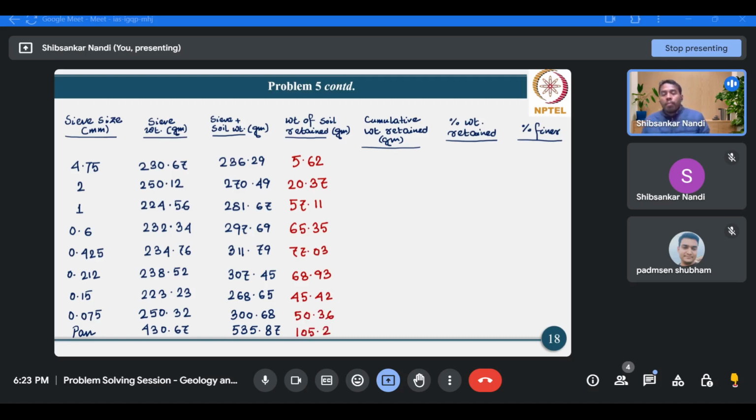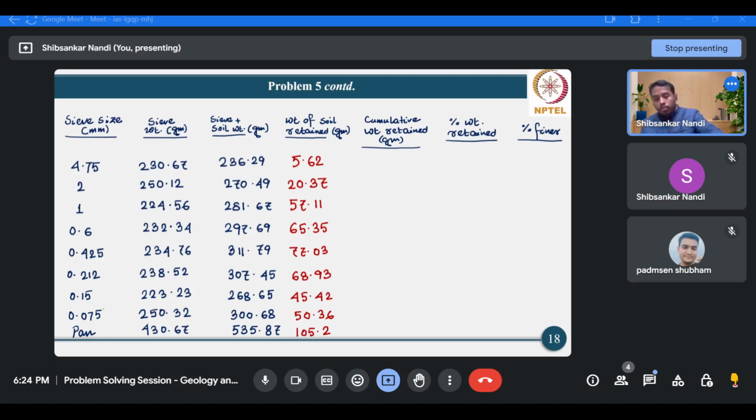So these are the weights of soil retained on the corresponding sieves. Means 5.62 gram of soil is retained on the 4.75 mm sieve. 50.36 gram of soil, out of 500 gram, is retained on the 75 micron sieve.